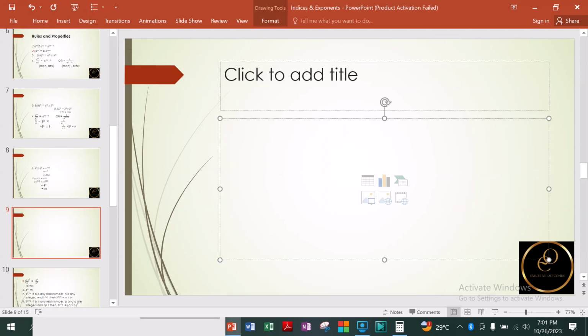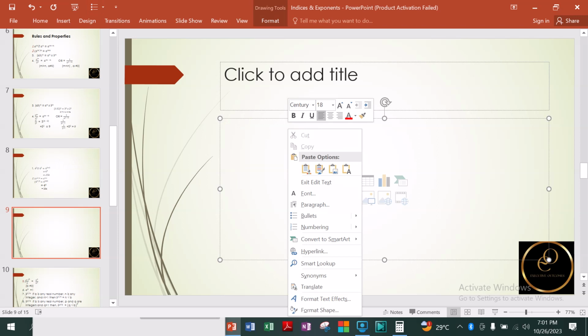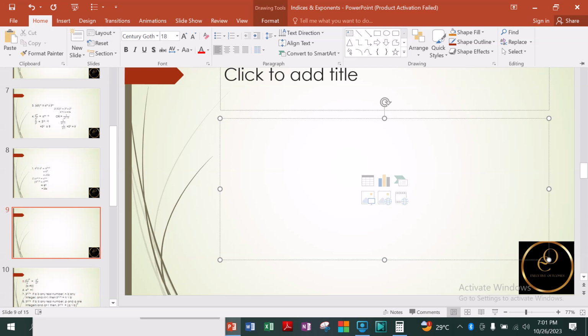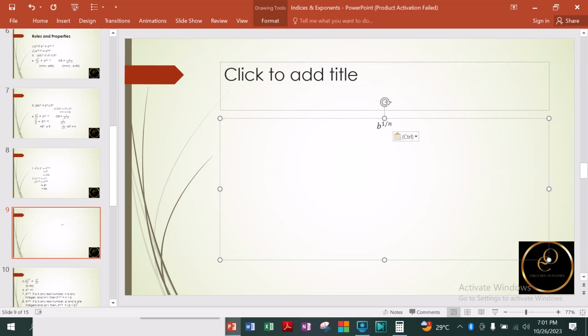I'll use this one. I'm looking at this particular rule, which is rule number 7. Let me make it a bit bigger.